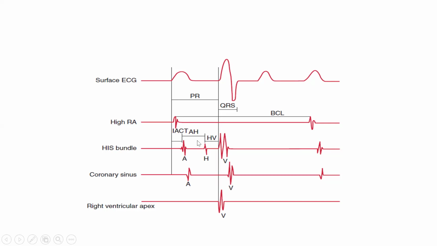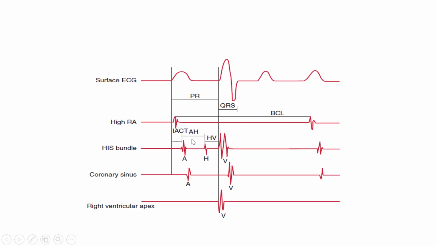So why is this interval important to you? When you are making a diagnosis of bradyarrhythmia, for AV block, we all know the terms nodal block and infranodal block. Nodal block will be detected by the AH interval. So if the AH interval is prolonged, you know there is an AV node problem.